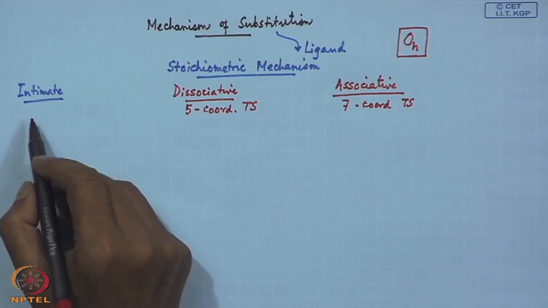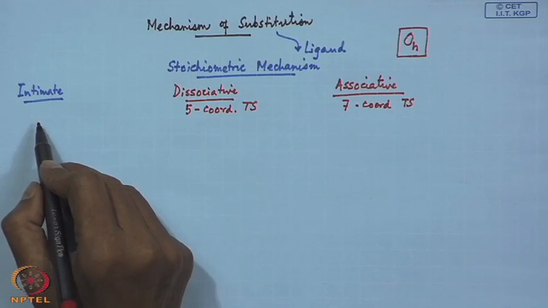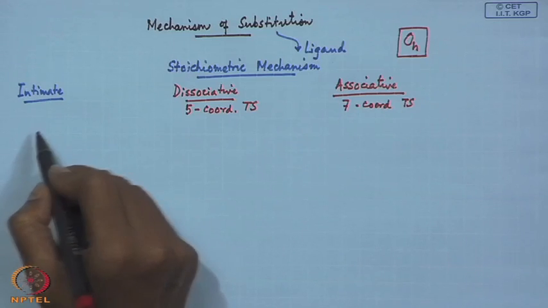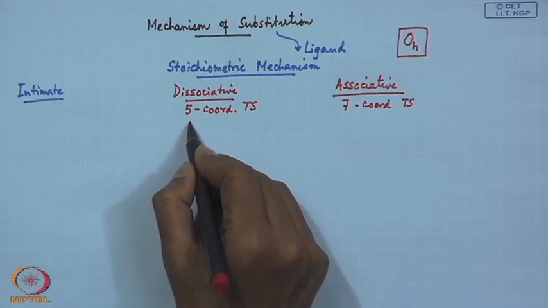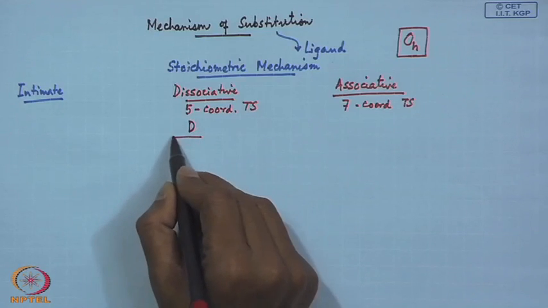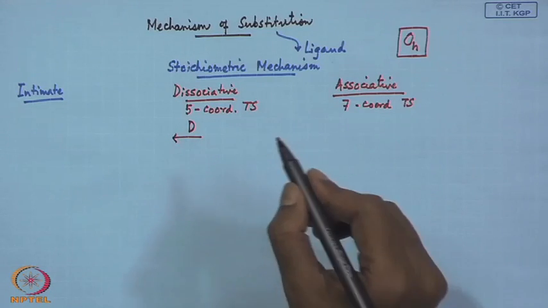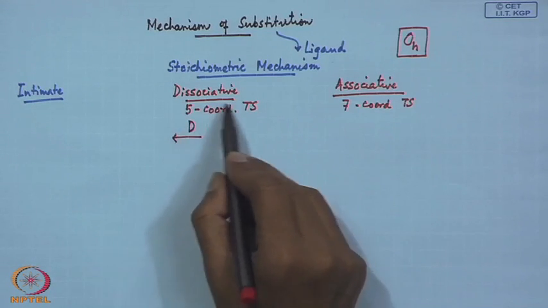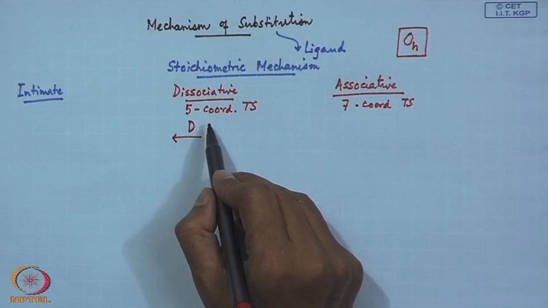So, we can have two different types of activation, the dissociative activation and the associative activation. We have the mechanism known as D, where in the extreme case we have the dissociative activation and we get the corresponding 4 coordinated compound.